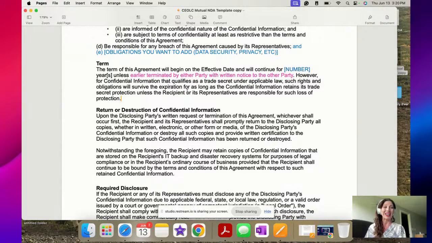Trade secret is a type of intellectual property, like a copyright or a patent. But it's a little bit different because it's kept secret. And so it is always protected so long as it is a trade secret under the law. So ending the NDA doesn't stop that protection. Okay, so that's our first one, is that we have a continuing right and obligation under the law.